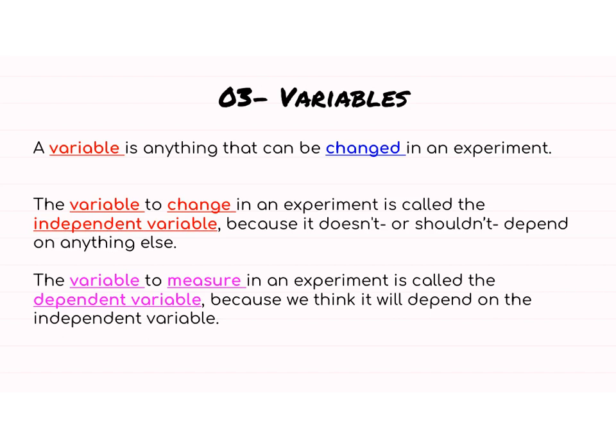However, the variable that we are measuring in a given experiment is called the dependent variable, because we think it will depend on the independent variable. So the variable that the scientist is changing is the independent variable. The variable that we are measuring is the dependent variable.